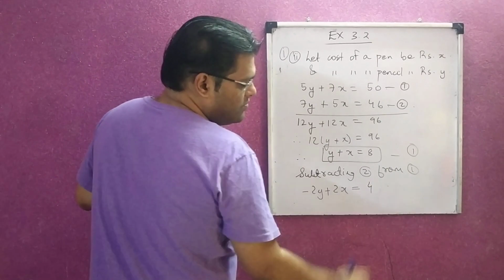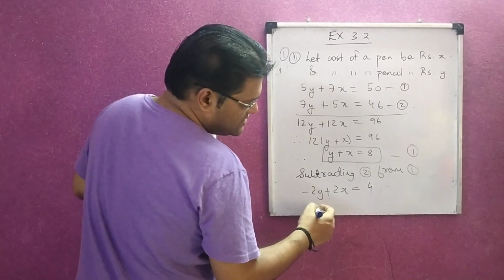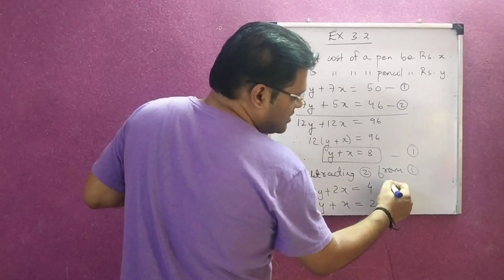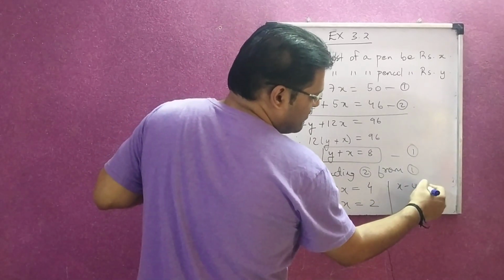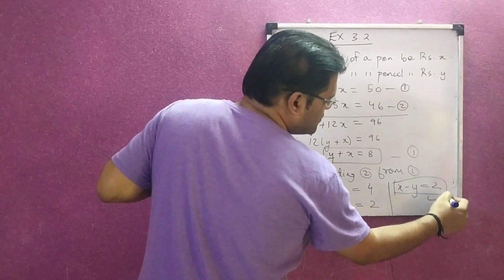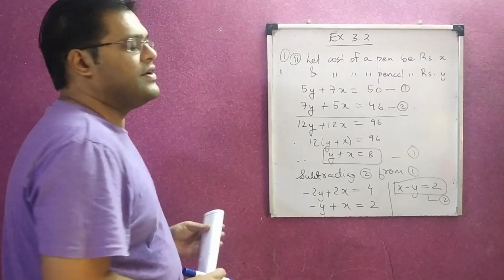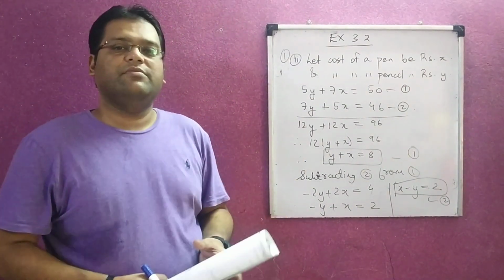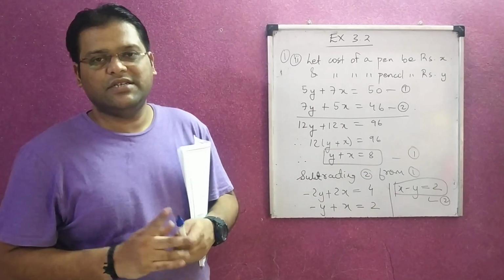That is going to become 4. And thus, minus y plus x is going to become equal to 2. That is, I can say x minus y will be equal to 2. So these are the two equations which we have to use for plotting our particular graph. So please take down this much. Then we can proceed for first making the tables and then drawing the graph.